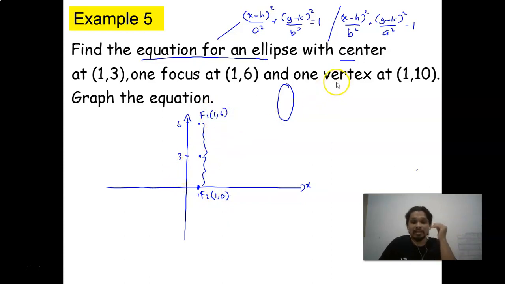One of the vertices is (1, 10), above here.